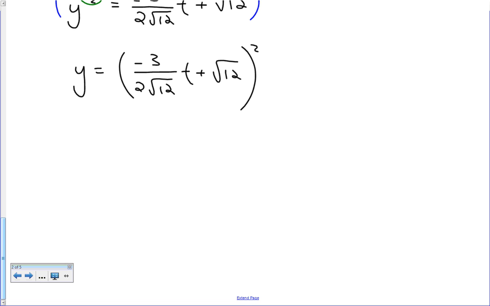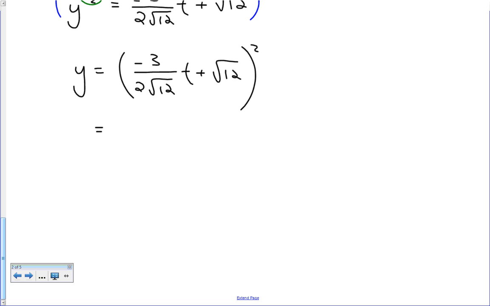And if you wanted to multiply this out and see the quadratic function that you end up with, you could certainly do that. In fact, maybe we should just do that so you can see what you end up with. If we square negative 3 over 2 square roots of 12, that would turn out to be 9 over 4 times 12.